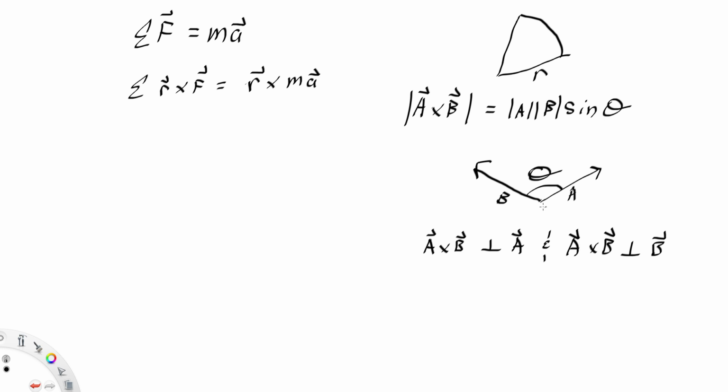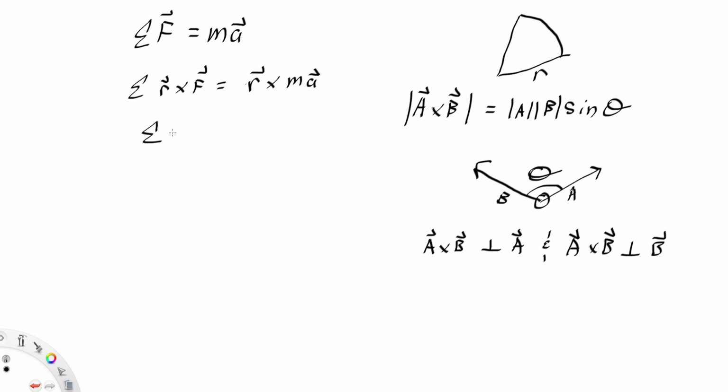So A cross B is going to be coming out of the page. But still, that lets us simplify this sum.